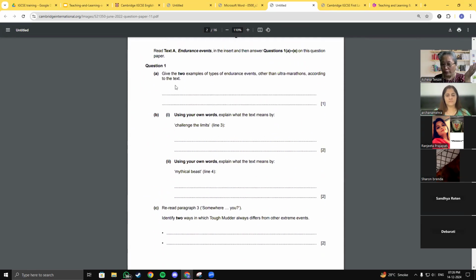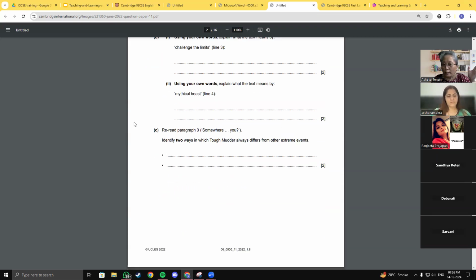So now when you see that the question is given and there are dotted lines over here, these questions are called structured questions. Structured questions means your space is given and you have to write in that given space only. You cannot go beyond the space, because if you go beyond the space, the examiner will not be able to see your answer, so you may lose your marks. So you write only in this given space.